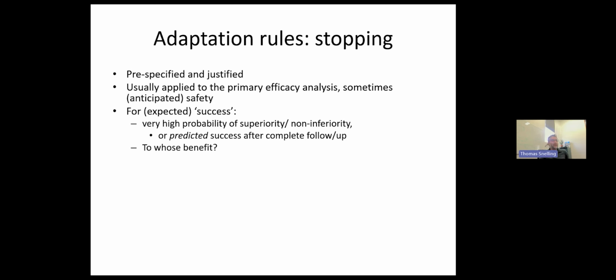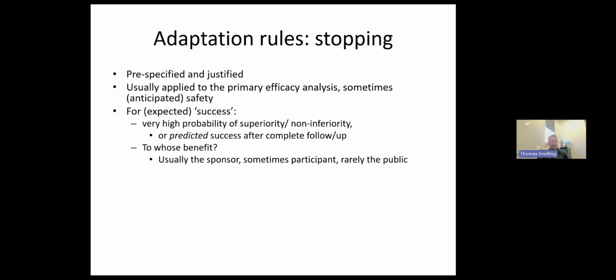When you stop for success, you have to think about who benefits from stopping early for success. Usually the sponsor or the investigators will benefit. Sometimes participants will benefit, especially if they then have access to the beneficial treatment.